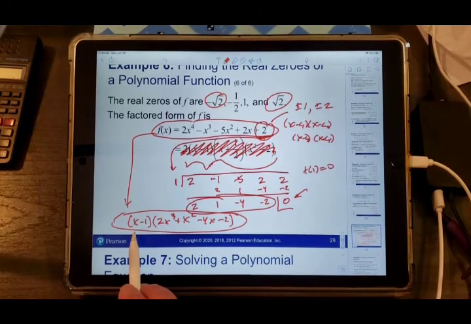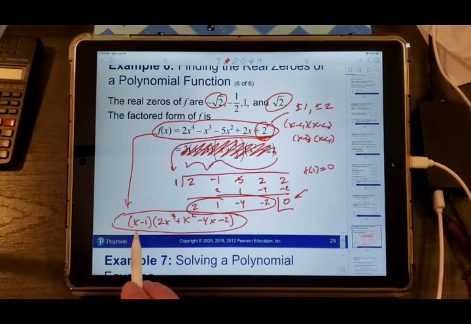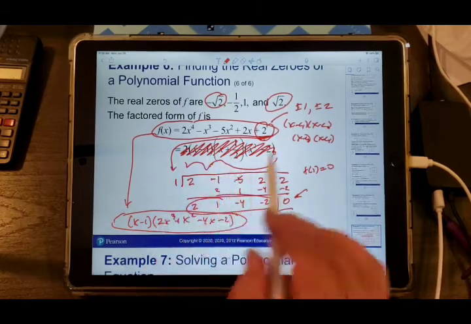Now, that's not how you're used to factoring, but I call this factoring on steroids.